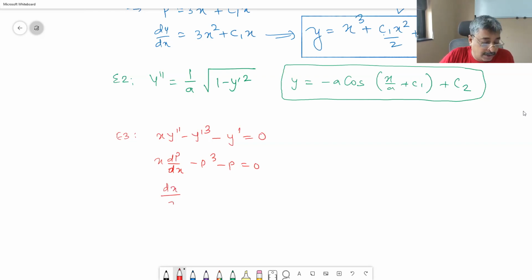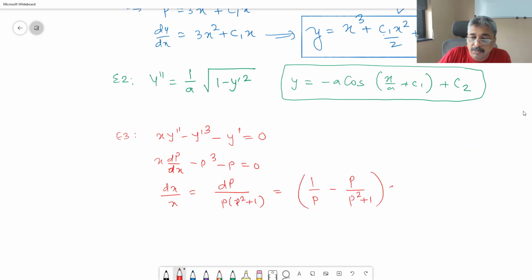dx upon x is equal to dp upon p into (p square plus 1), which by partial fractions is equal to (1 upon p minus p upon p square plus 1) times dp.